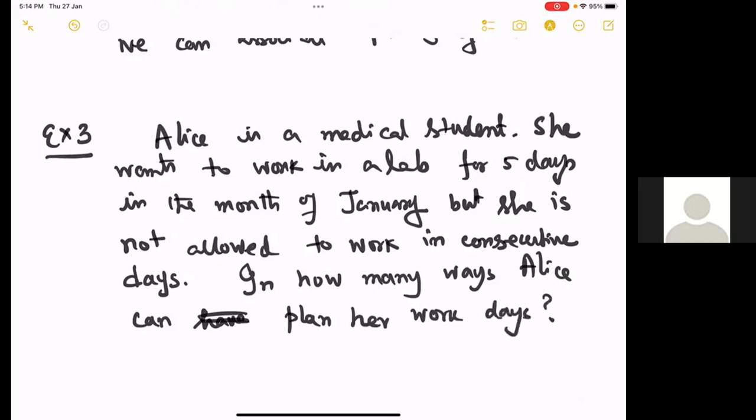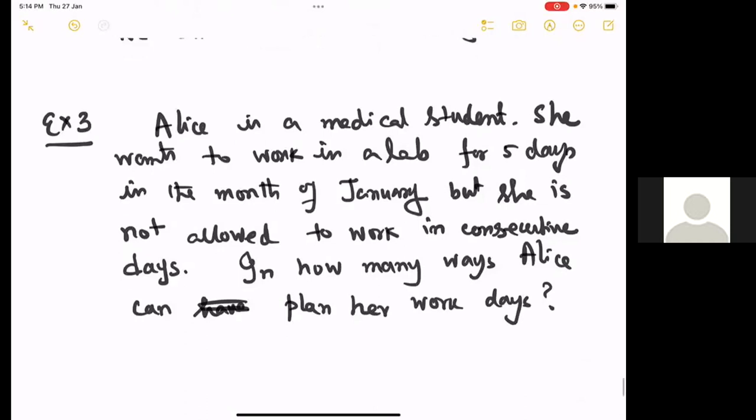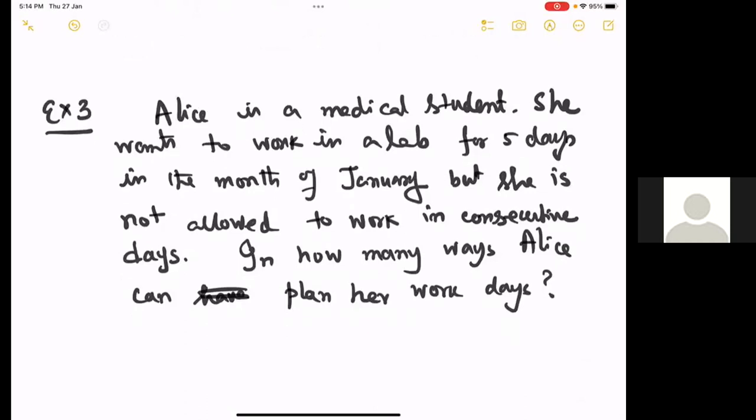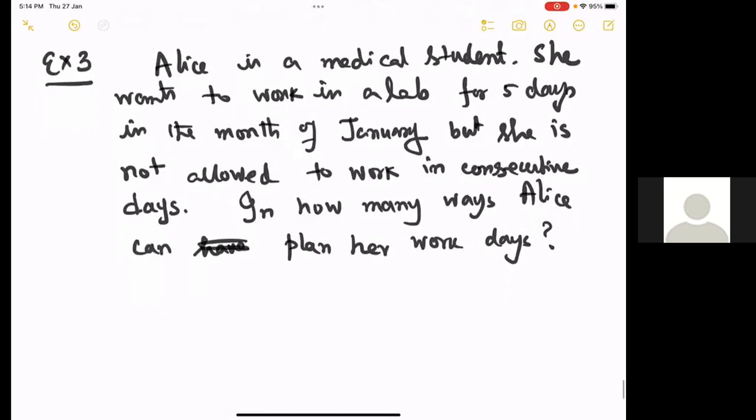This is the question. Is the question clear? The question is very simple. January has 31 days, and Alice wants to work 5 days. No days are consecutive. In how many ways can Alice schedule her working plan?